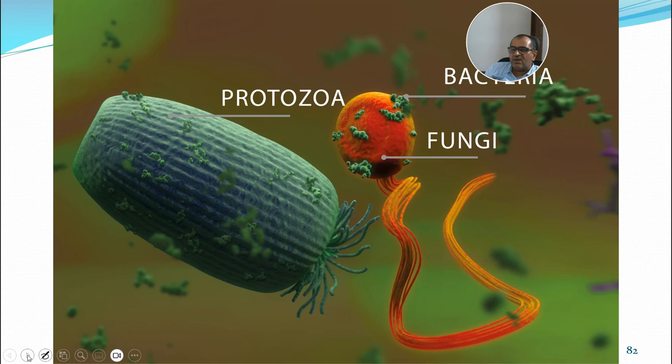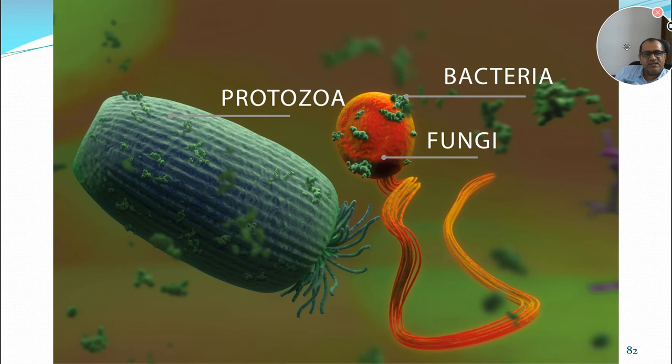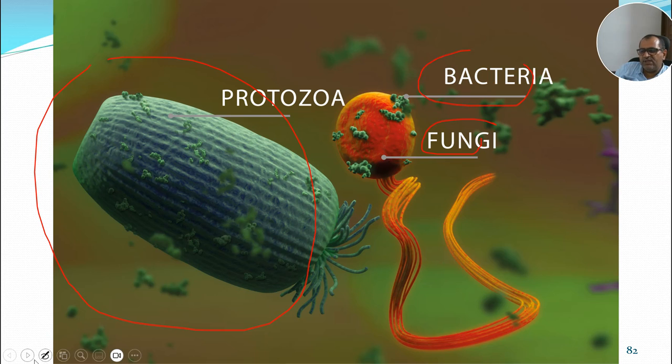Protozoa, bacteria, and fungi live together, and protozoa are the largest in size. Here you can see this is the biggest size, followed by the fungi, which are also bigger, whereas the bacteria are smaller. All these float in the rumen, adhere to the fibers, and get digested.